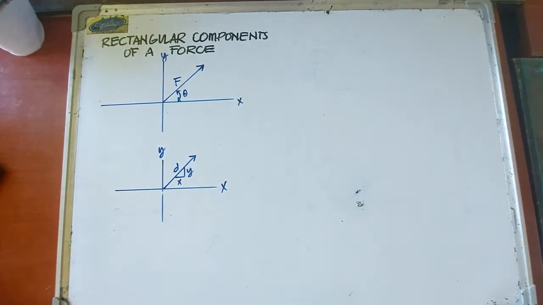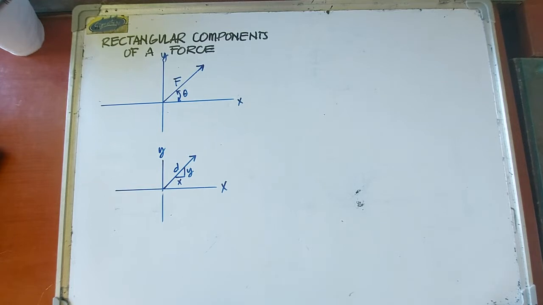So we have a new topic that is rectangular components of force, somewhat related to our previous topic, finding the components of force using the parallelogram method. In this case, it's a special case of the parallelogram law.